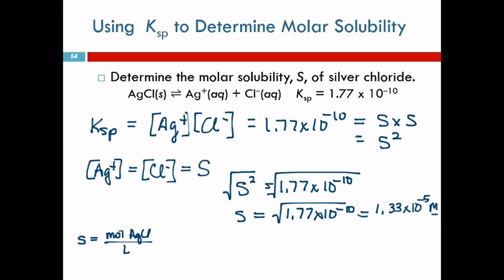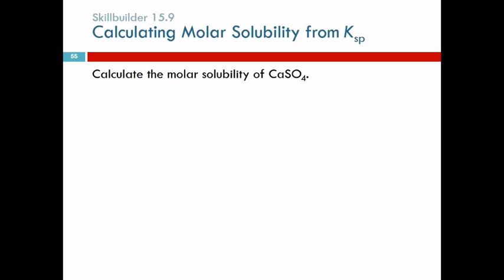Any questions? This can get much more complicated if this isn't a one-to-one stoichiometry. So we're mostly going to avoid that. Okay? Because there's no point in torturing you. I think you probably feel tortured enough as it is, right?